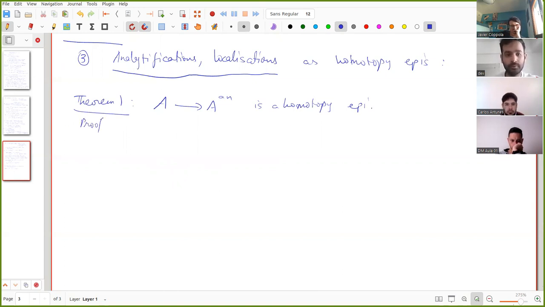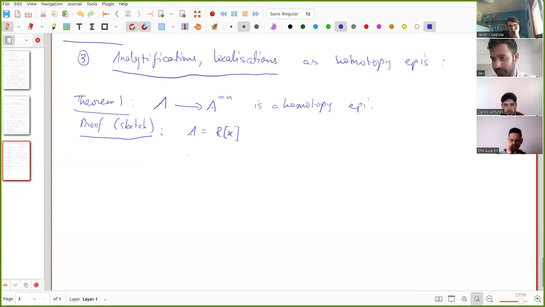And the sketch of the proof is as follows. First, we do it for polynomials. So A is, let's say, we're working over some Banach ring R. And let's actually do it for polynomials in one variable.